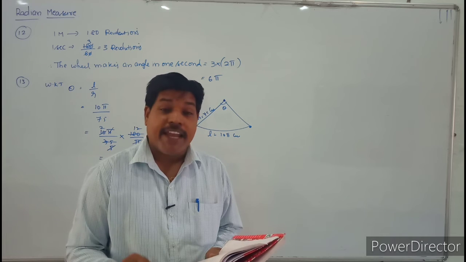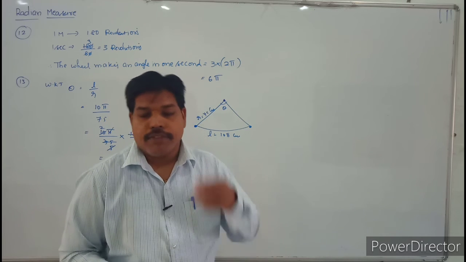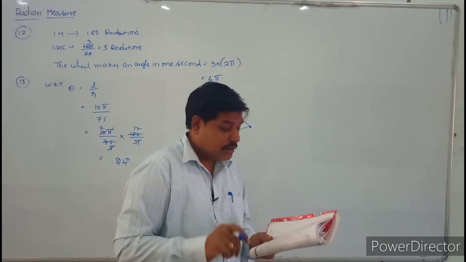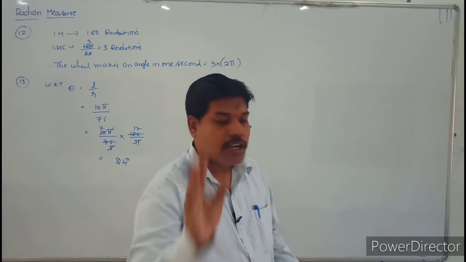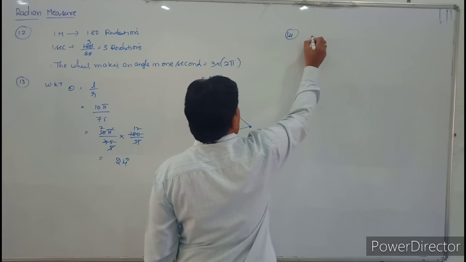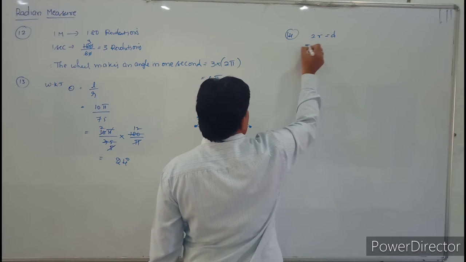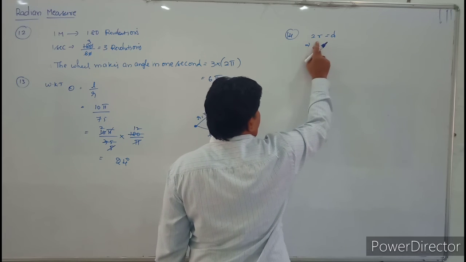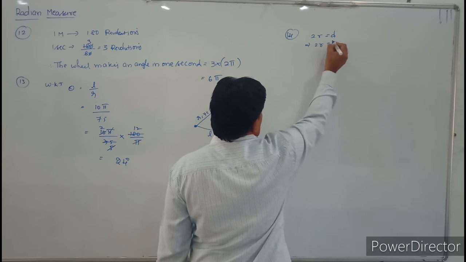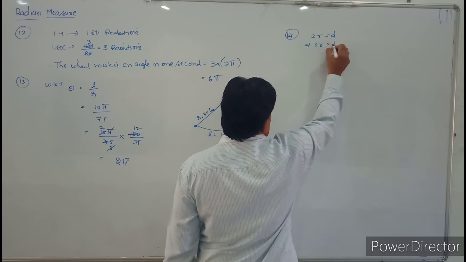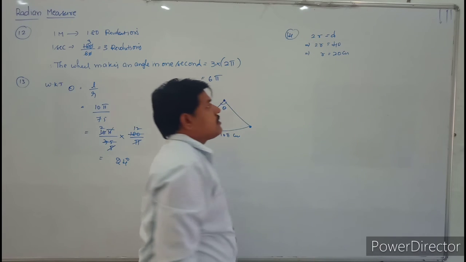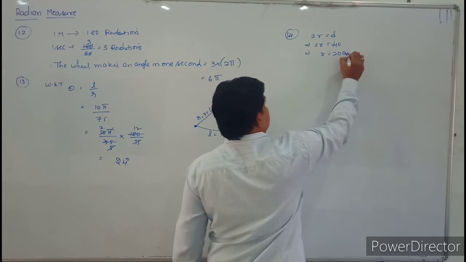Once again, in a circle of diameter 40 centimeters, we already know that 2r is equal to d, because the radius is half of the diameter. So 2r is equal to 40 centimeters, that implies r is equal to 20 centimeters.